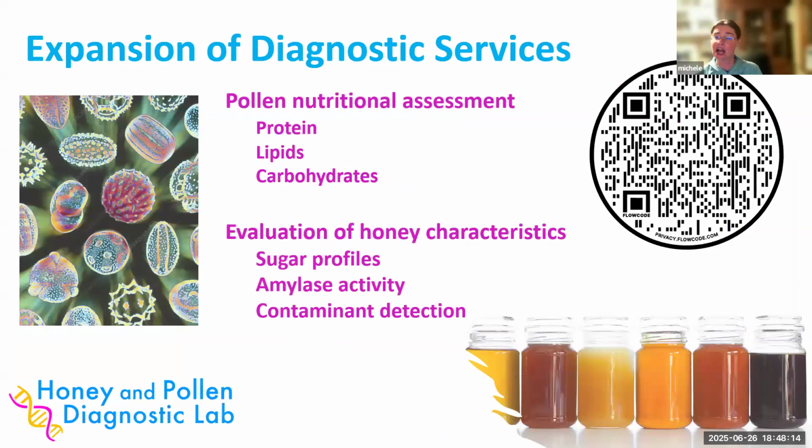All right. So I overviewed the two services that we're currently offering. I kind of joked when I started, when I first started, we only did the pollen identification with the metabarcoding. And I'm like, well, you really can't call us a lab if we only do one thing. So we probably need to think about offering some additional services that are going to be valuable.